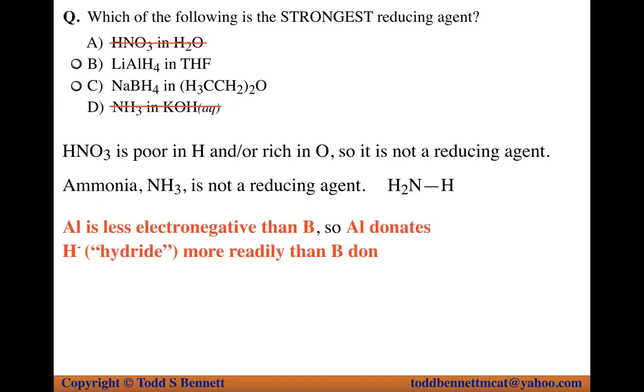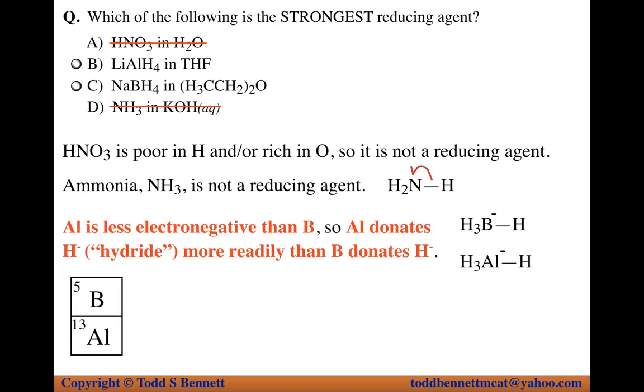Let me just show what I mean by that. This one can go like this and act in an acidic fashion if it's going to do anything, not in a hydride fashion, not going to deliver an H minus. It's such a weak acid that it's extremely weak, so this isn't going to happen. I'm not saying it will do this, it just cannot give it off as an H minus.